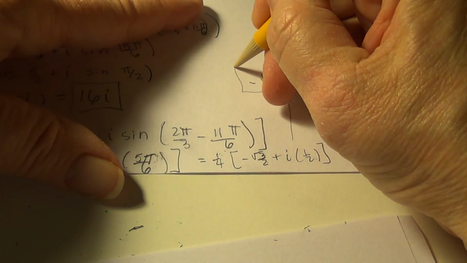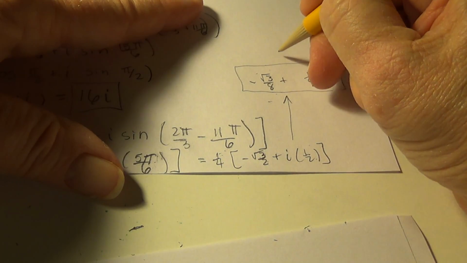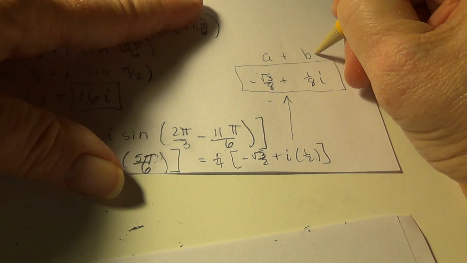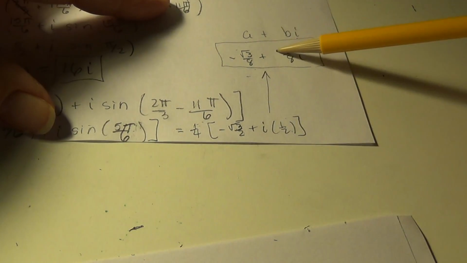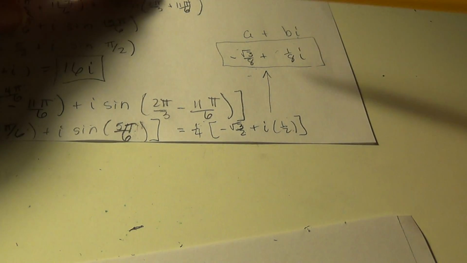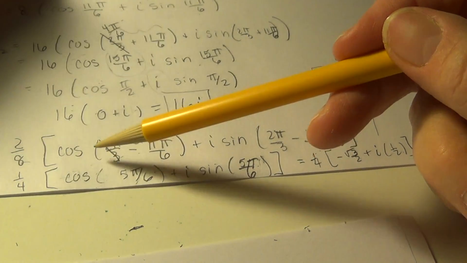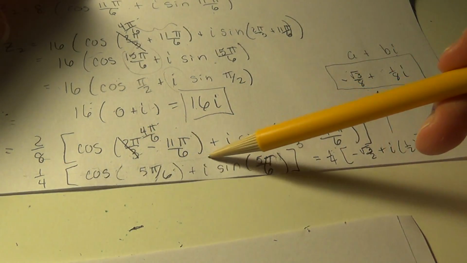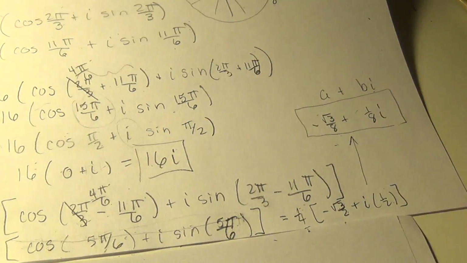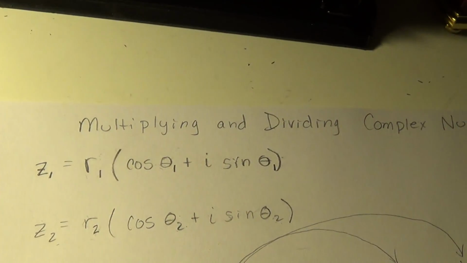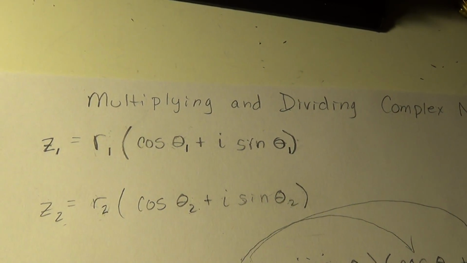So this is the answer in standard form. This is in the A plus BI form. It is standard form. Some problems will ask you to do the standard form, and some will ask you to leave it back here in the trig form. So, all right, that is how you multiply and divide complex numbers in trig form.